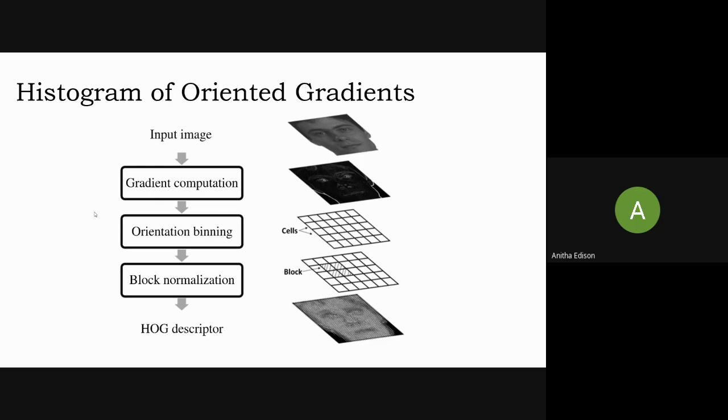So what you can do is extract the histogram of gradients, and then you can form a vector. It will be a set of numbers, and you can form a vector for each image, and then you can give this vector to a machine learning model, which can be trained to identify cats and dogs.